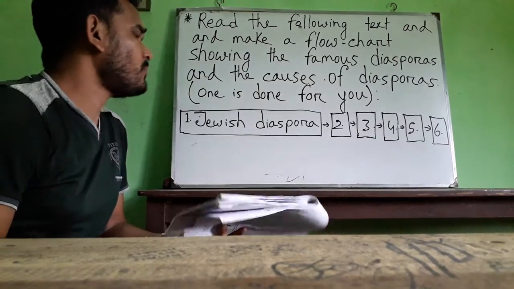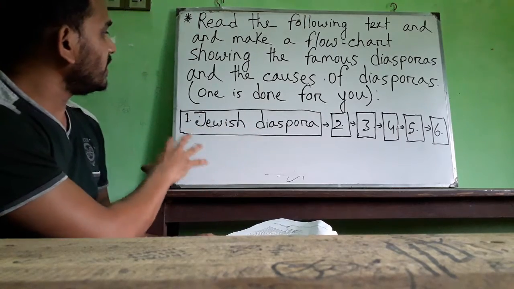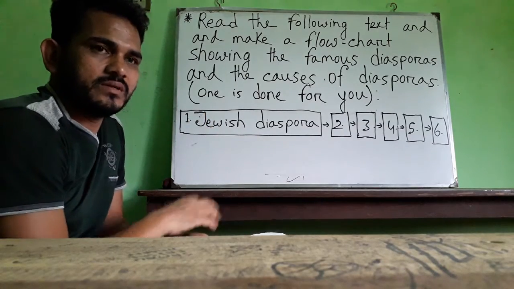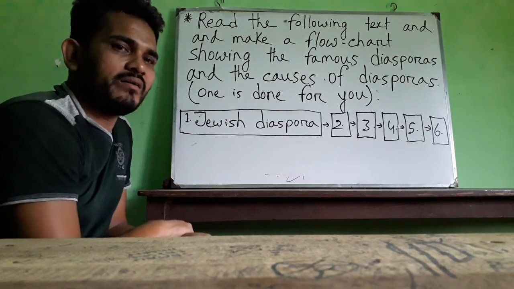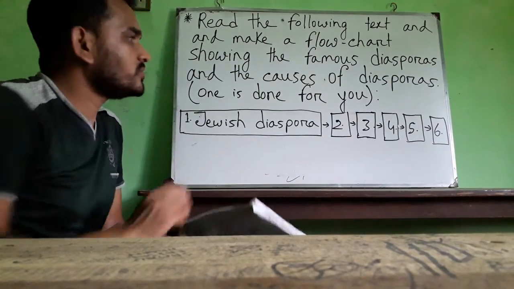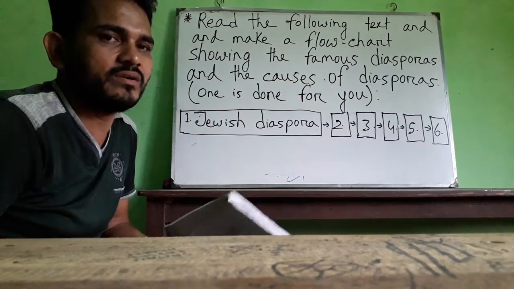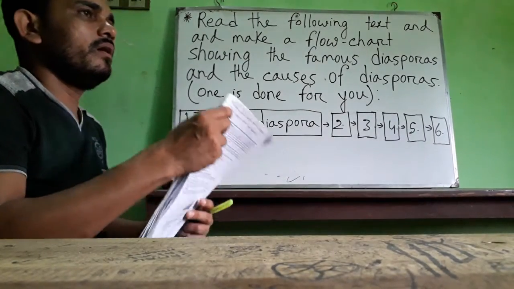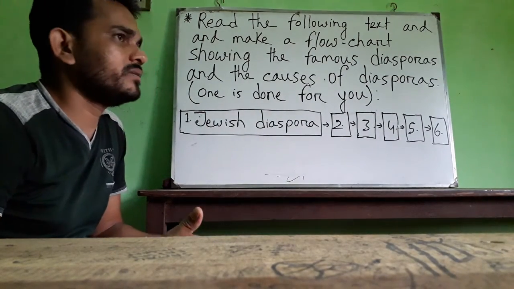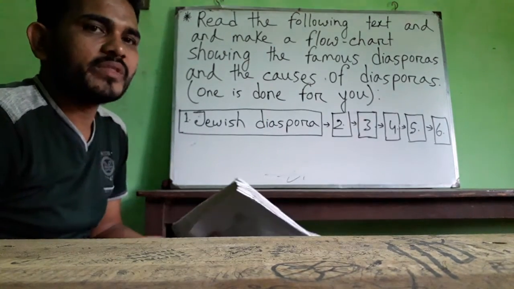Okay, so here we don't see the ing form of a verb or to plus V1, that means the infinitive form of a verb. Here we just see a phrase, a name. Okay, so in the next boxes also we will use such phrases, such names. Here we don't have to write the ing form or the infinitive form.